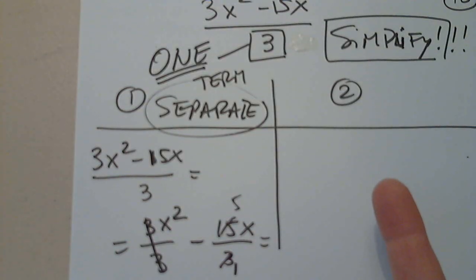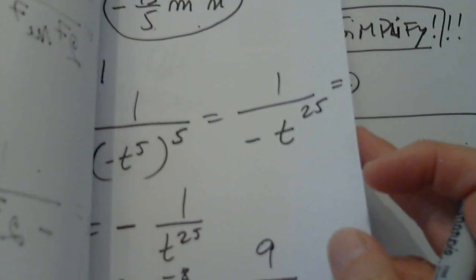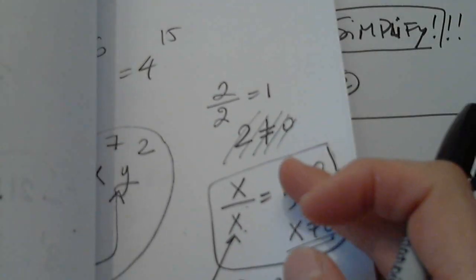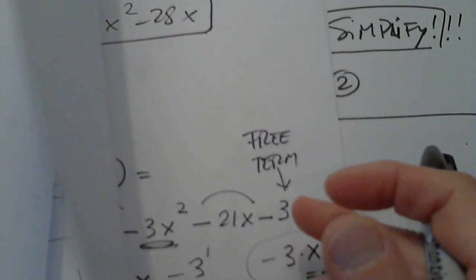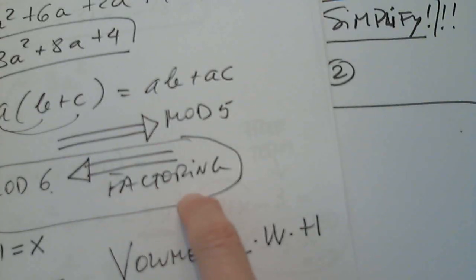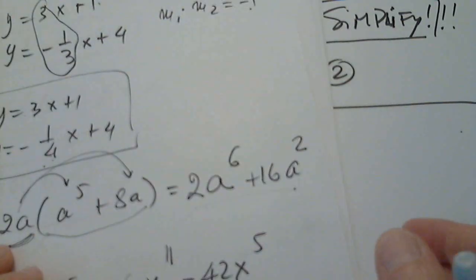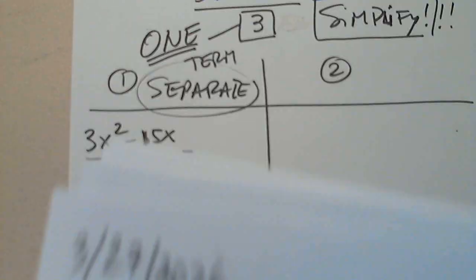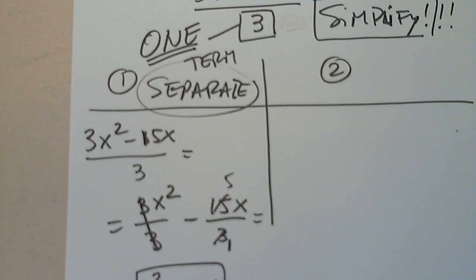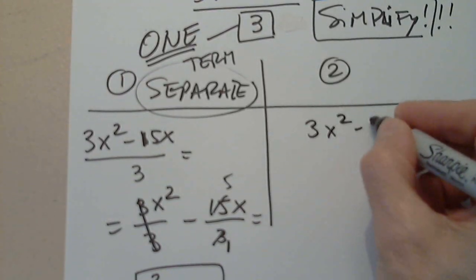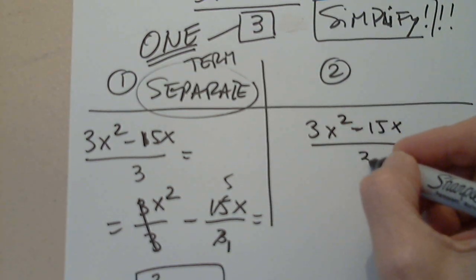What is option number 2? Option number 2 is something very important that we're going to deal with in entire module 6, this word, factor or factoring. Good, so how do I do that? I have 3x squared minus 15x divided by 3.